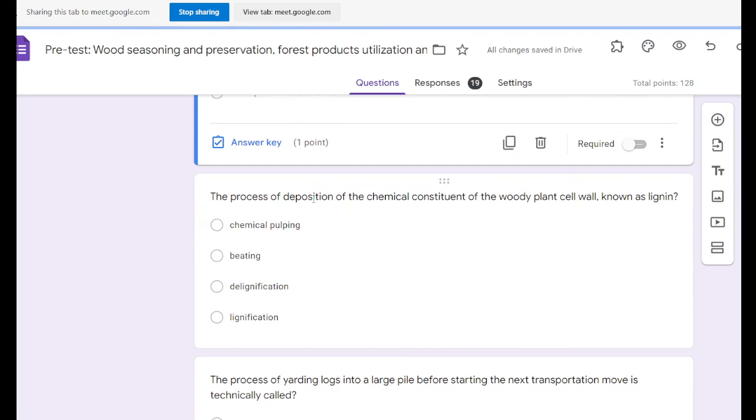The process of deposition of the chemical constituents of the woody plant cell wall known as lignin. You may have heard of the deposition of chemical constituents of the woody plant cell wall known as lignin, during the transition from sapwood into heartwood. Okay? With the deposition of lignin, the concentration of lignin content in the wood cell increases.